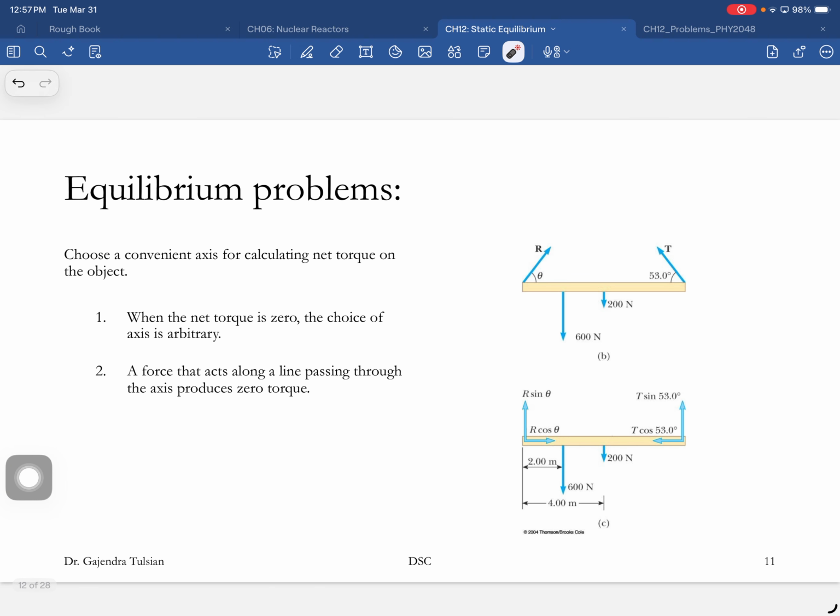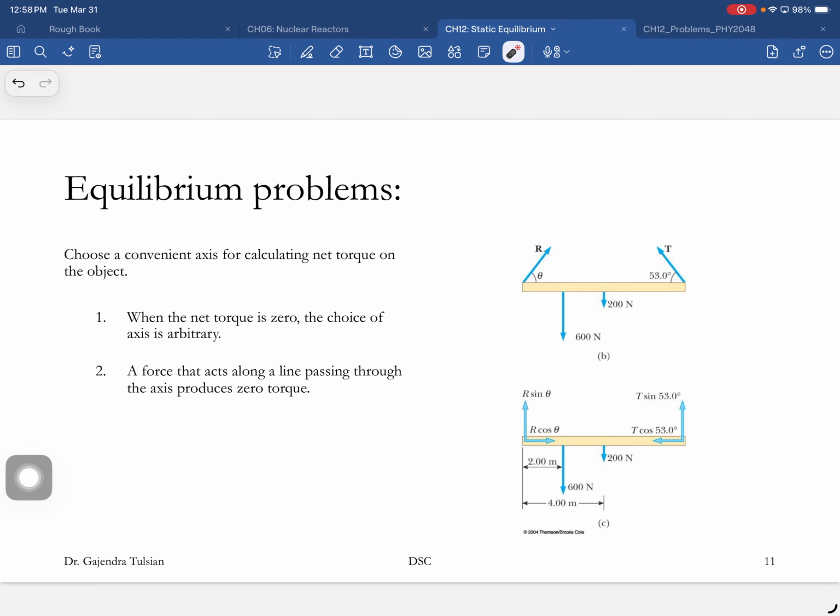Okay? So choose a convenient axis for calculating the torque of an object. When the net torque is 0, the choice of axis is arbitrary. So when the torque is 0, you can calculate the torque about any point and it'll still be 0. A force that acts along a line passing through the axis produces 0 torque.